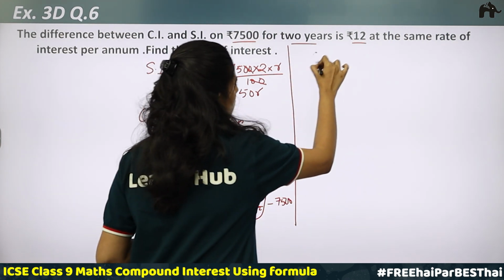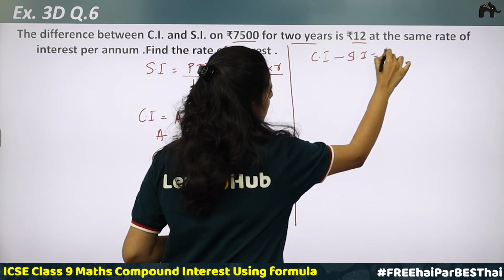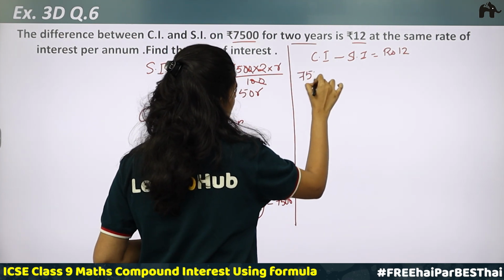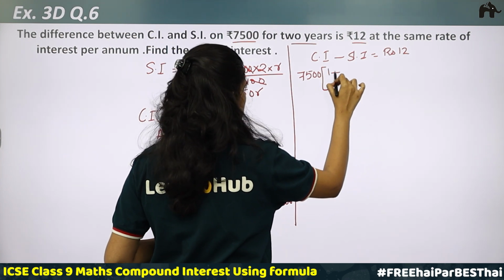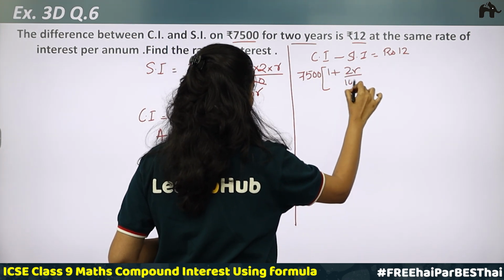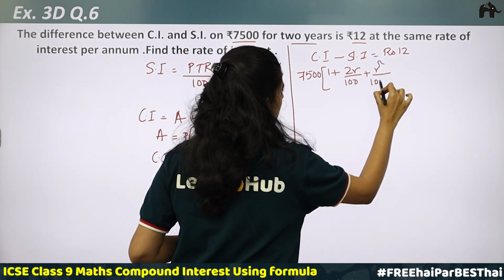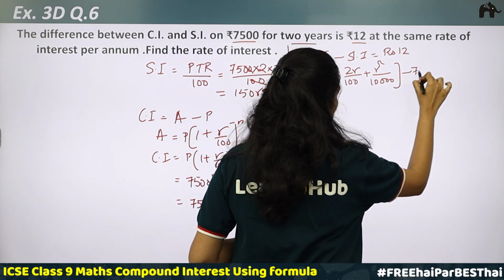Now we know compound interest minus simple interest is given to be equal to rupees 12. Put the values. Compound interest is 7,500 into 1 plus 2R divided by 100 plus R square divided by 10,000, minus 7,500.